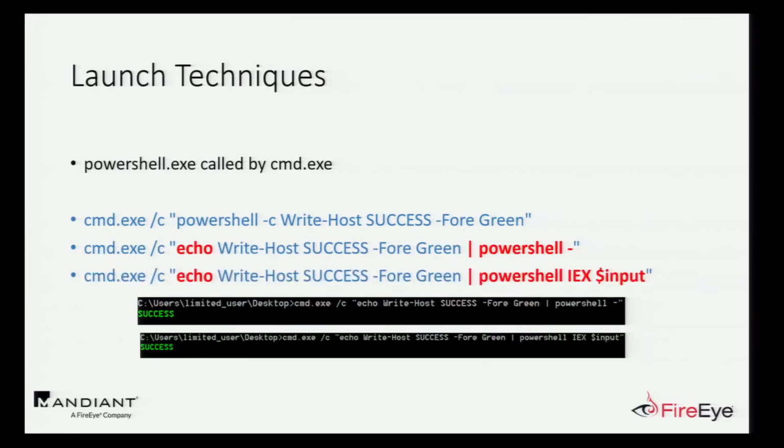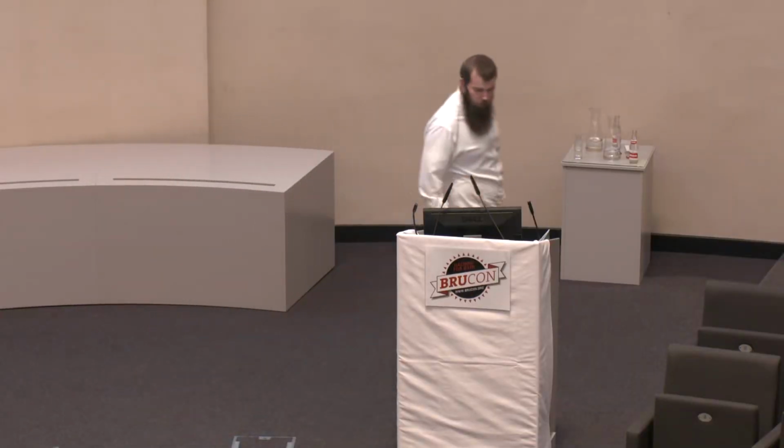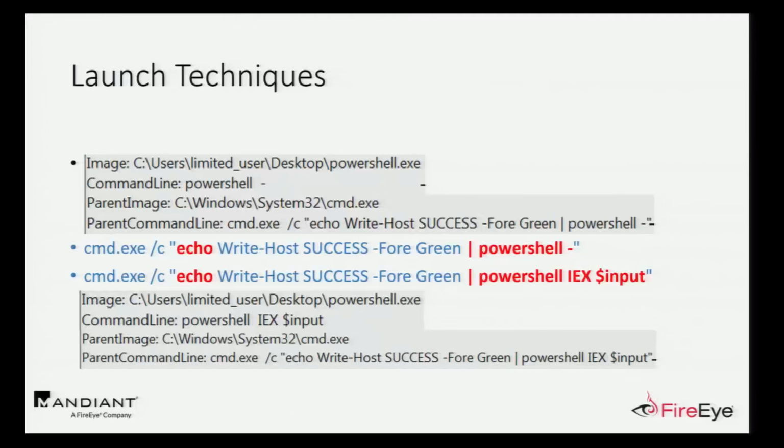Does anyone know what those are? That's for standard input. PowerShell has this built in way to take the command as standard input. And when you do that, PowerShell.exe's arguments don't show the command at all. They're in the parent. Who all is looking for all the stuff we just talked about in PowerShell and the parent process? Because it's possible, and it's being used out there.